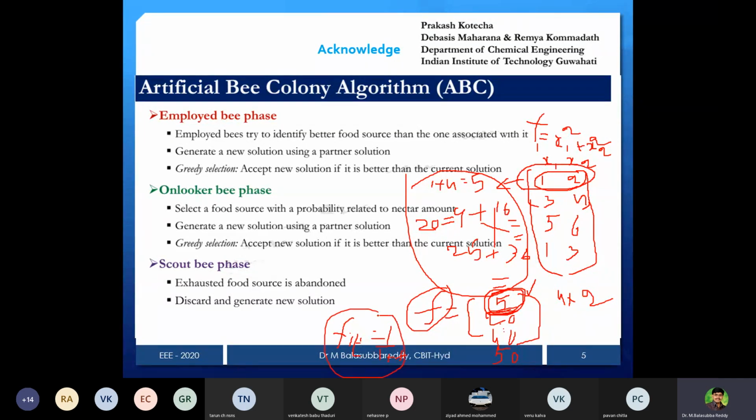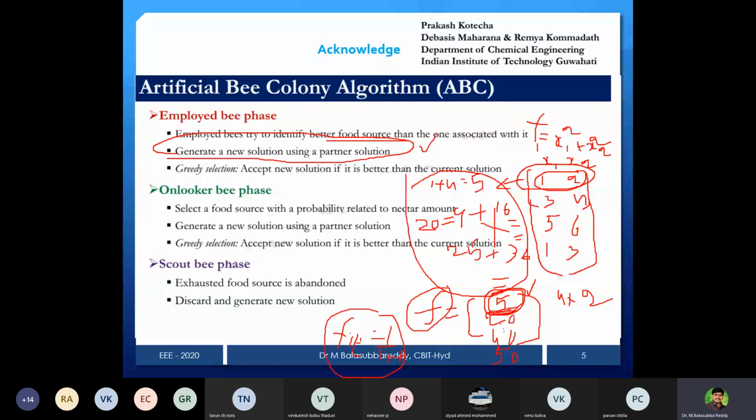Now if you do that fitness, which has more fitness, we will get it as the better solution, or the minimum function value is also the better solution. Obviously, because 1 by 1 plus something will give a better fitness value for a minimum function value. Now once you do this, there is a new solution using a partner solution using some formula. Anyhow, that will come under the next slides.